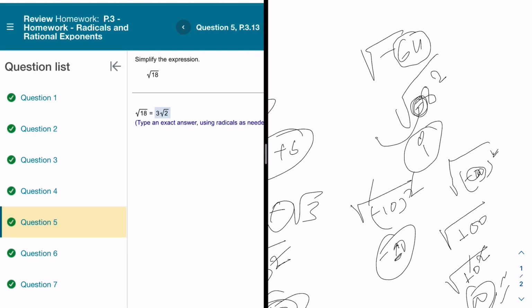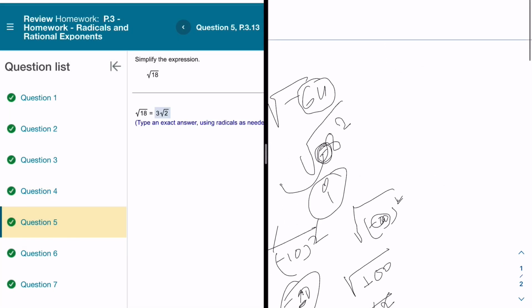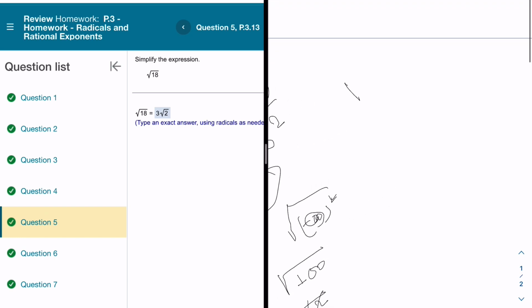Let's move to question number 5. Root under 18. So how can we write root under 18? Can we write 2 times 9? 2 nines are 18, right? Okay, so can we write 9 as 3 squared?